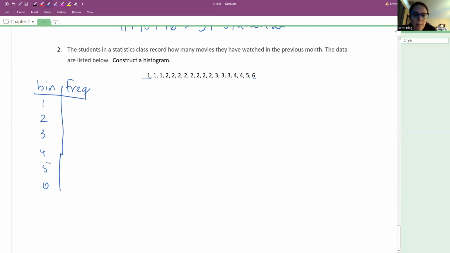None of these bins will have 0. But I have 3 1s. I have 1, 2, 3, 4, 5, 6, 7, 8 2s, 3 3s, 2 4s, a 5, and a 6.